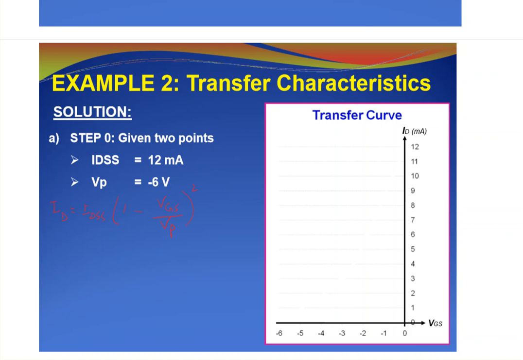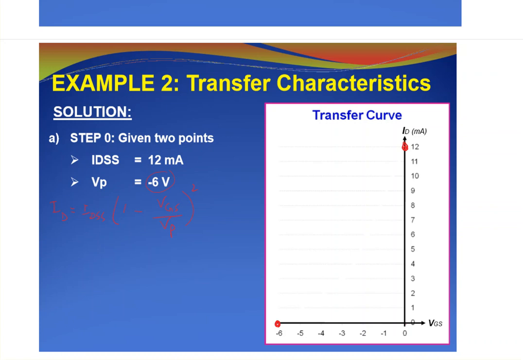First we substitute VGS equal to 0. That means ID will be IDSS. So for VGS equal to 0, you have a current equal to 12 milliamperes. This is the first point. Then we use VGS equal to VP, which is -6. So you will get 0, and that gives the second point.